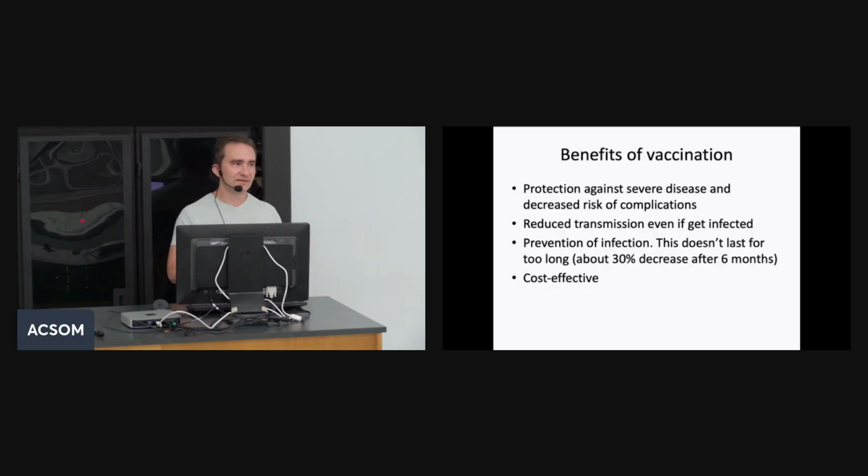Even if the vaccine matches exactly the type of coronavirus you're infected with, the efficacy starts subsiding, about 30% after 6 months. It's also cost effective, because if somebody gets hospitalized, the system would spend a lot of money for that.